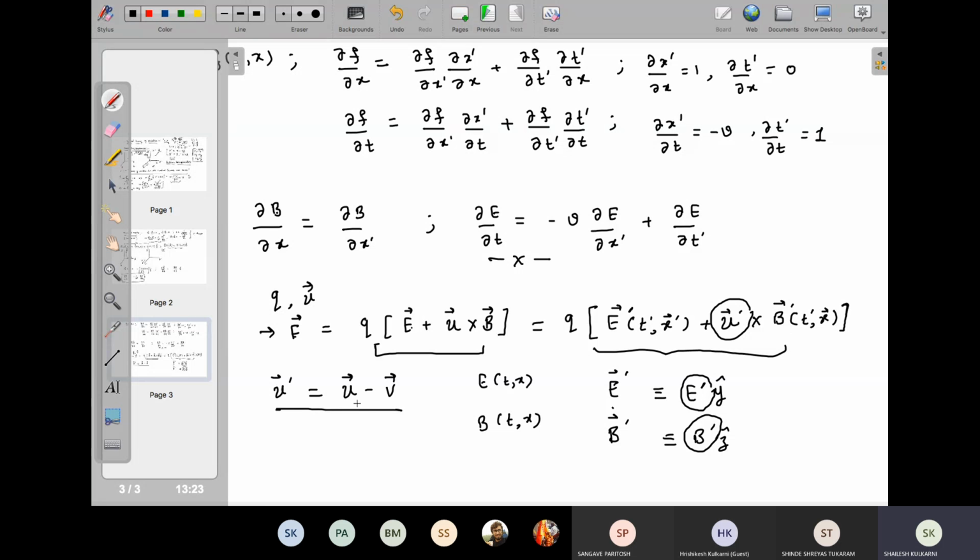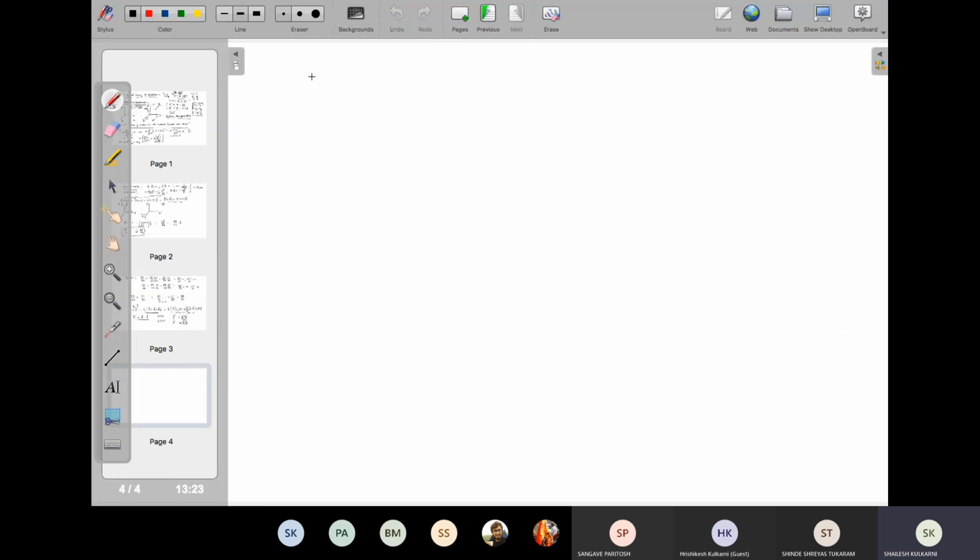Then you simplify a little bit, break into component wise, and simplify a little bit. You will get the following: E equal to E prime plus V times B prime, but B equal to B prime. This is what you are going to get.